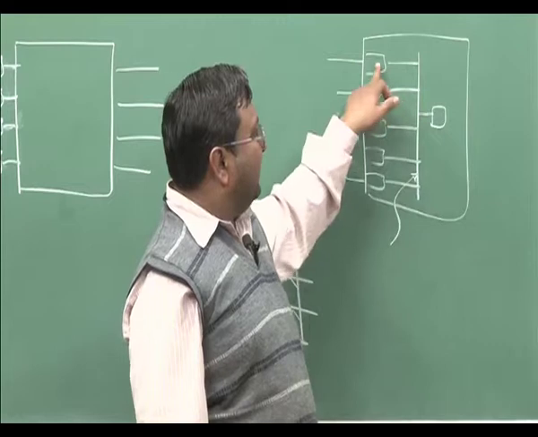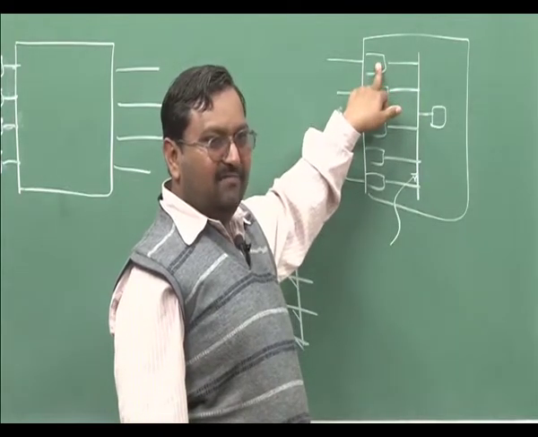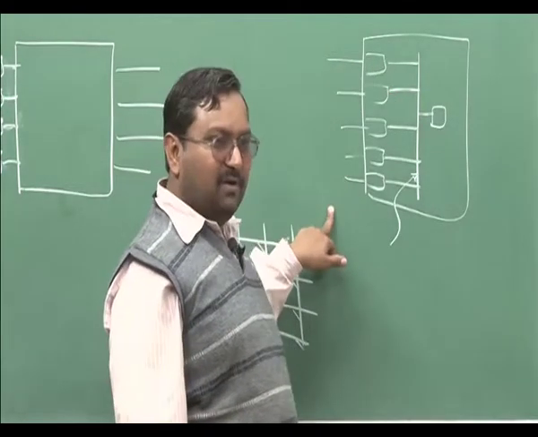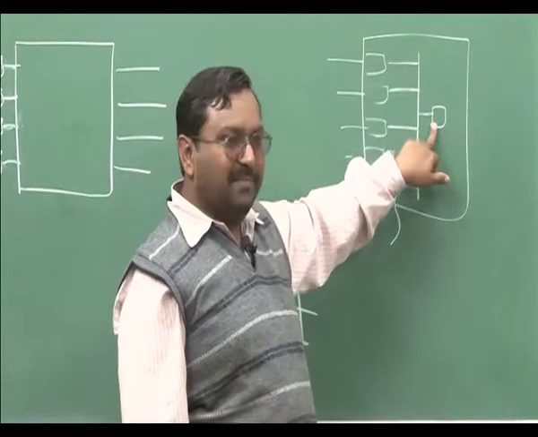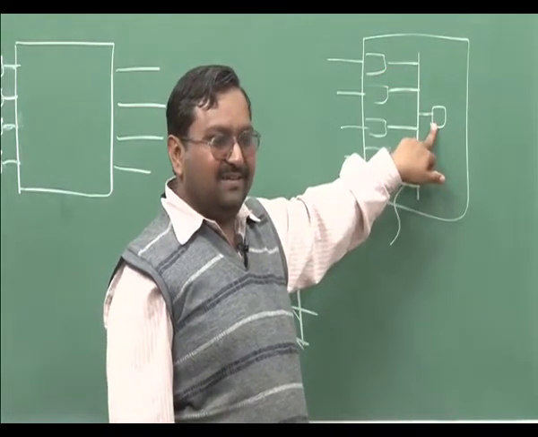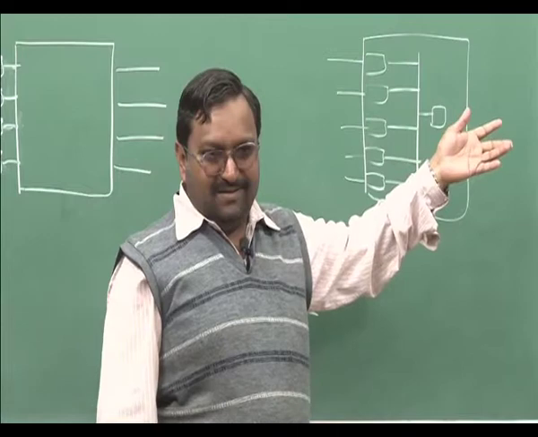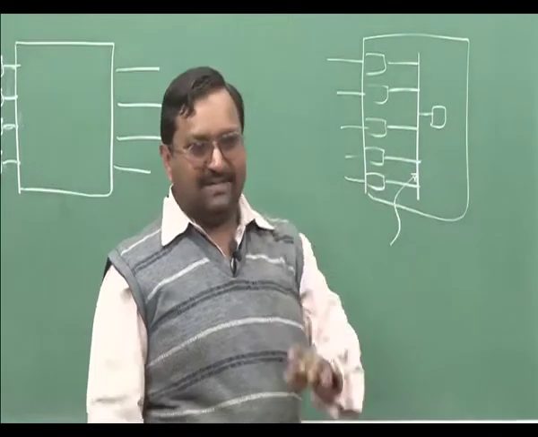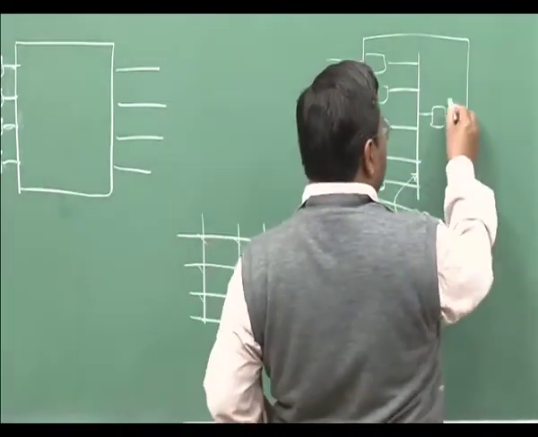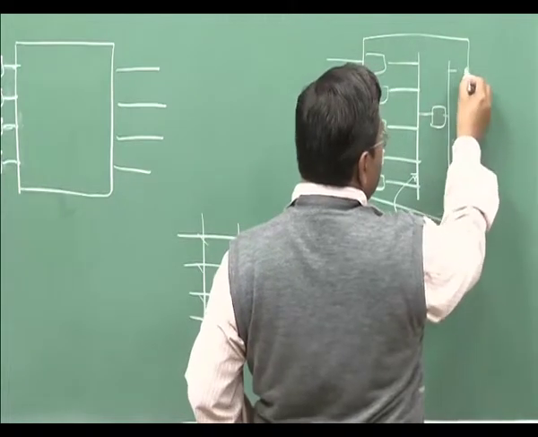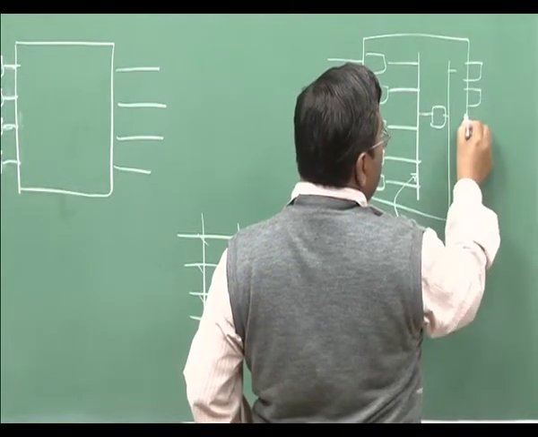If there are n packets coming in per slot, this packet can be read by the processor in 1 by nth of the slot. It can be analyzed and then pushed onto an outgoing bus if it is a dual bus system, and be pushed onto the outgoing line.